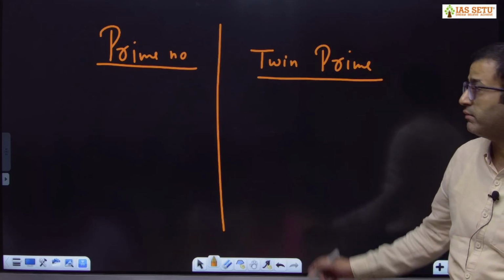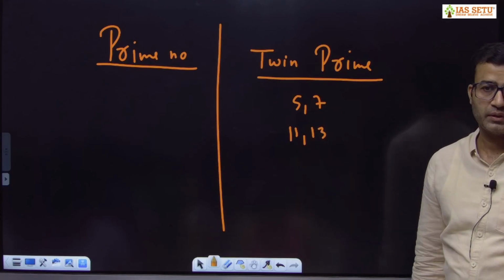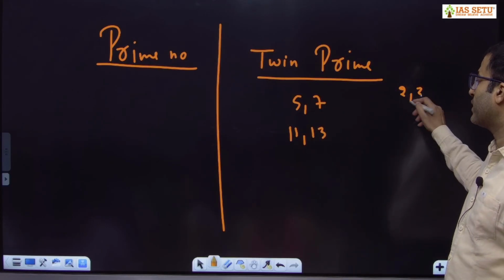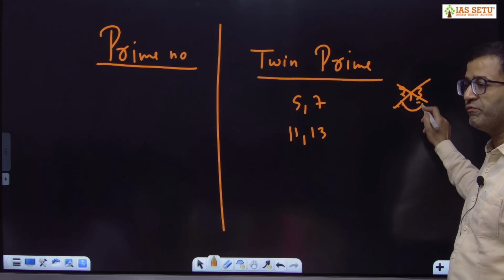For example, 5 and 7 are twin primes. 11 and 13 are twin primes. But 2 and 3 are not twin primes because there is no difference of 2. These are two consecutive prime numbers, but the difference between them is 1.